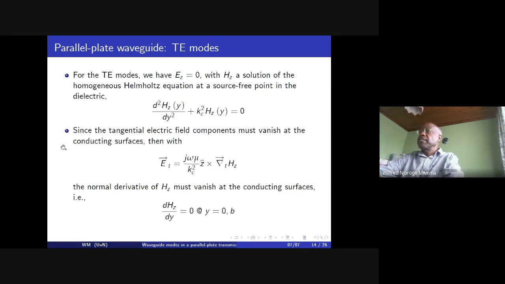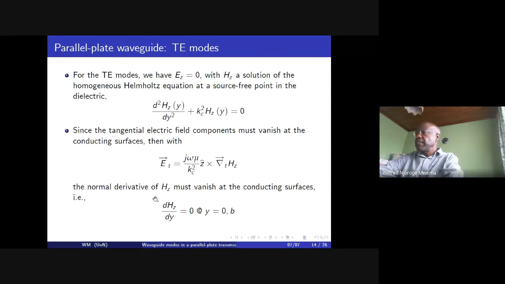And when we do this, since the tangential electric field component must vanish at the conducting surfaces, we must have that Et, the transverse electric field intensity, will be given by j omega mu by kc squared multiplied by z cap cross the gradient of Hz.